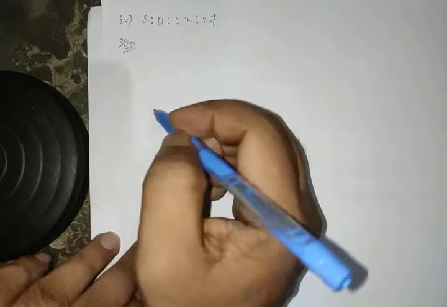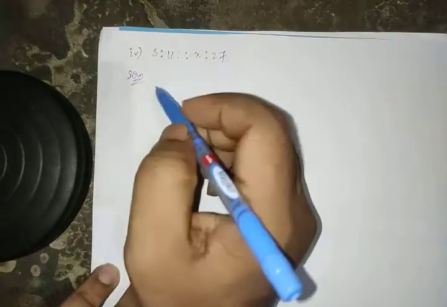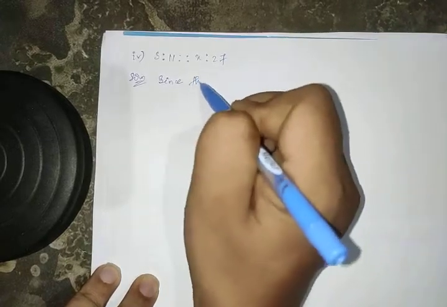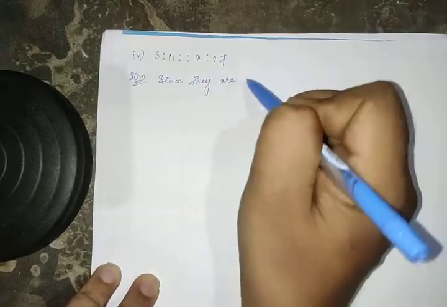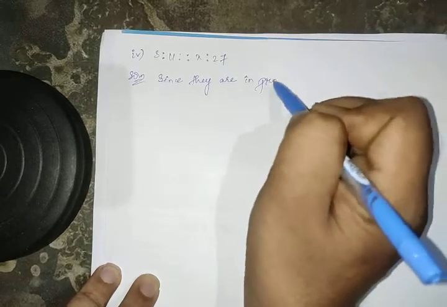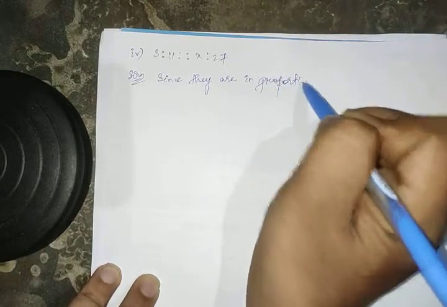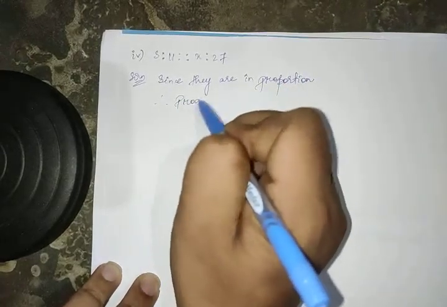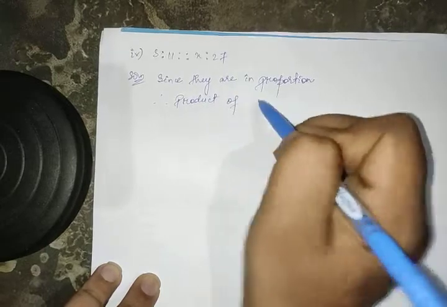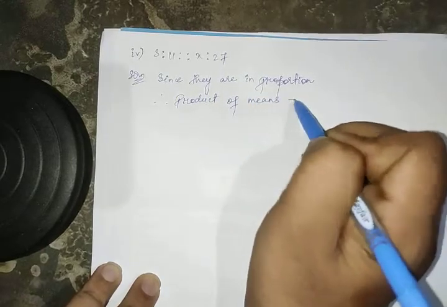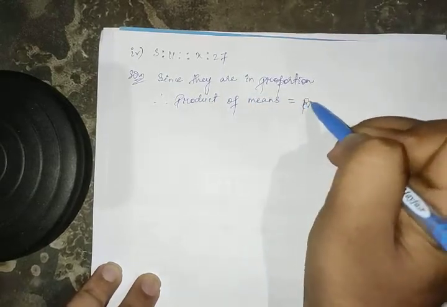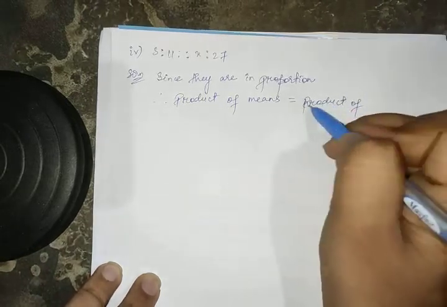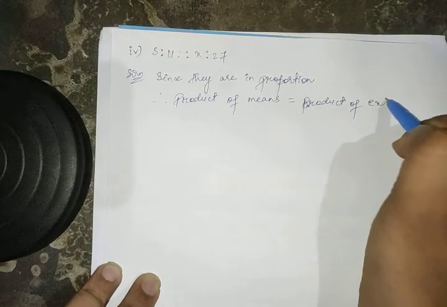We can write, since they are in proportion, so therefore product of means equal to product of extremes.